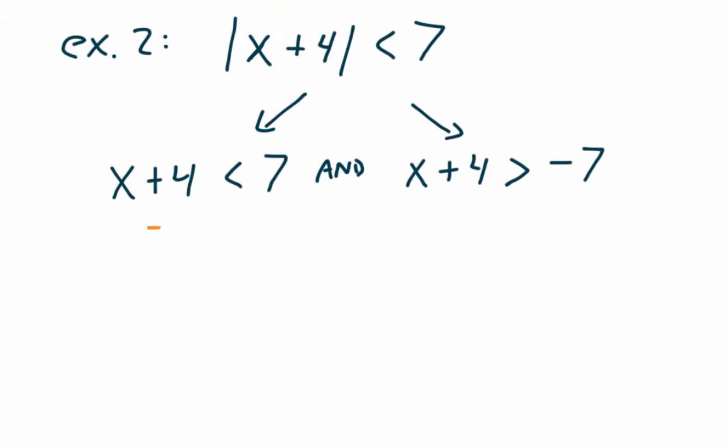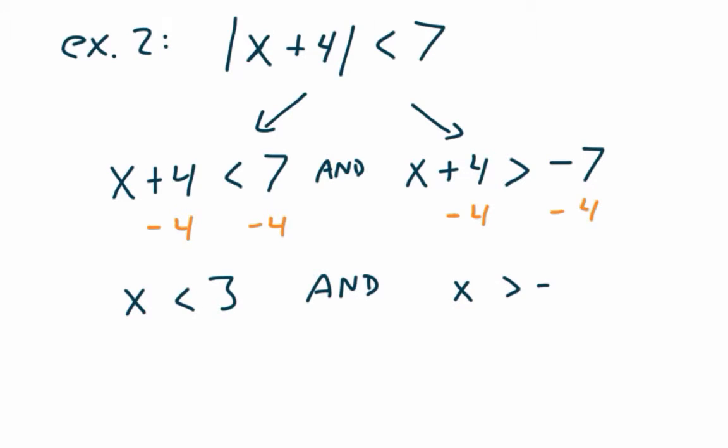Now if I go through and solve, I subtract 4 from both sides of each of these inequalities. And I get x is less than 3 and x is greater than negative 11.